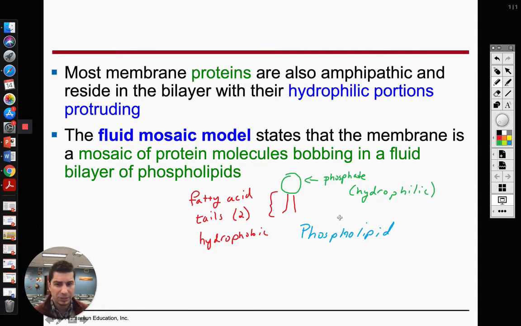The other thing I want to mention about the fatty acid tails, I know in the macromolecule chapter, we went over two different types of fatty acids, unsaturated and saturated. They can be either, okay? I'll show you the three different ones here.